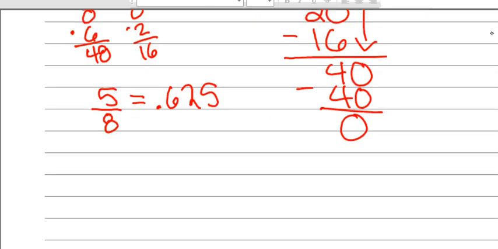Are we kind of catching the hang of it? All you're going to do is divide the denominator into the numerator. And you did long division in 5.2, the last part, part C. So if you understood that, you should be fine. I'm going to try a little bit of a harder one here.